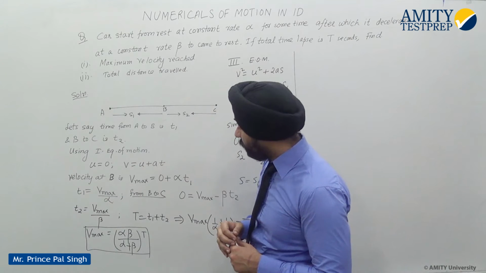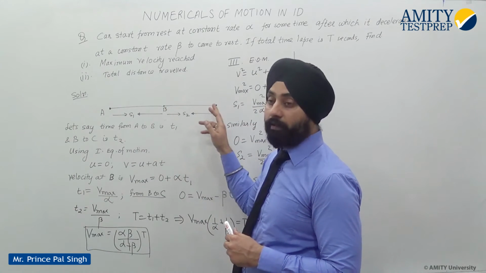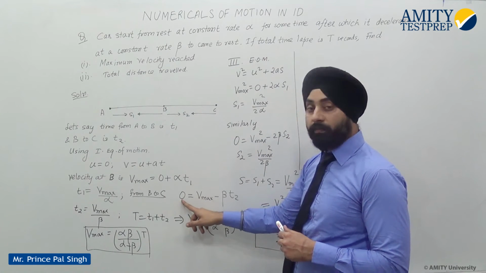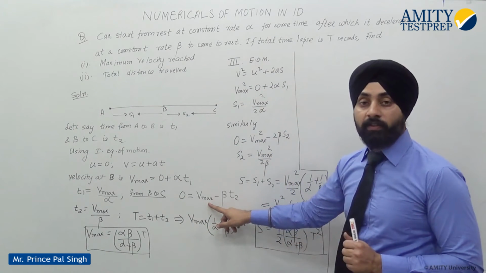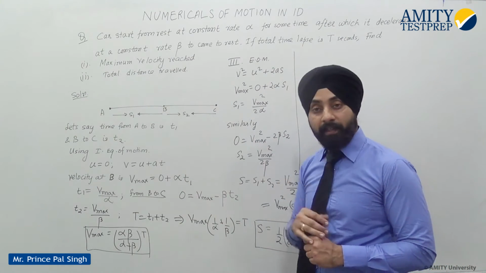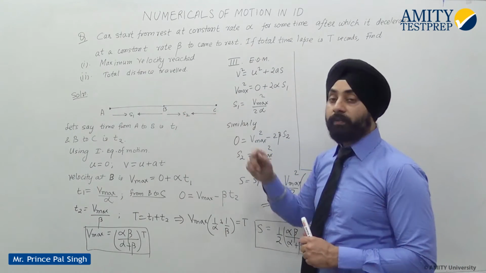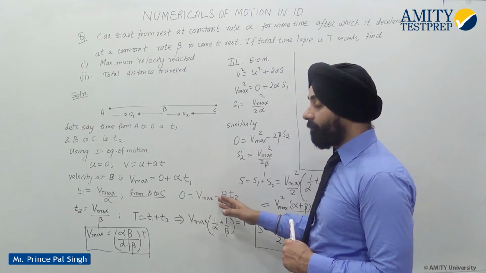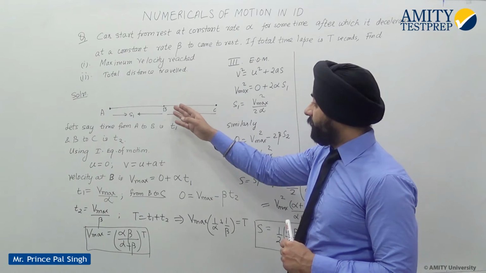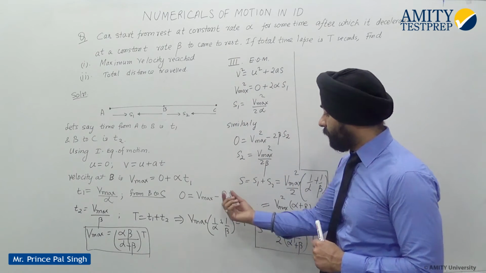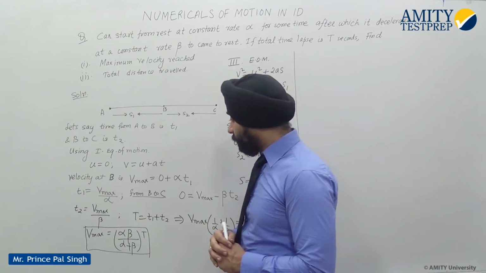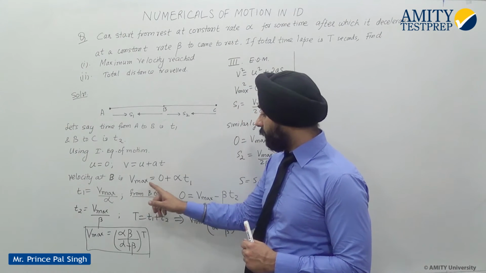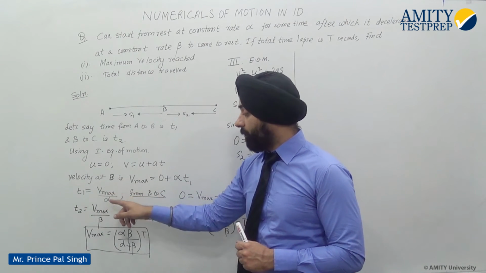So again applying V equal to U plus AT for the B to C part: 0 equal to V max minus beta T2, because the deceleration is beta, so we have to put a minus sign here. From here, T2 equals V max upon beta, and from the earlier equation T1 equals V max by alpha.